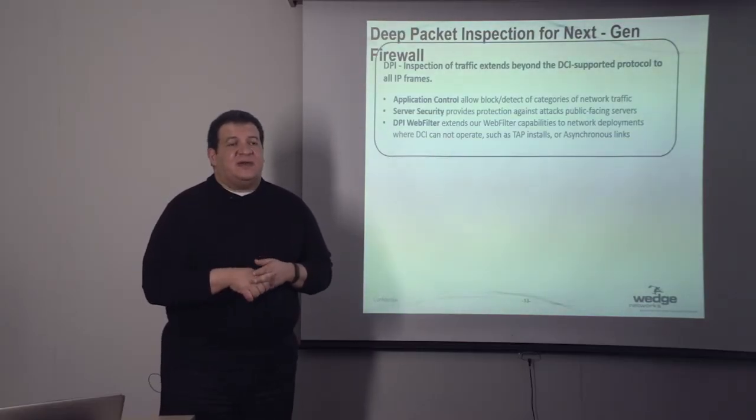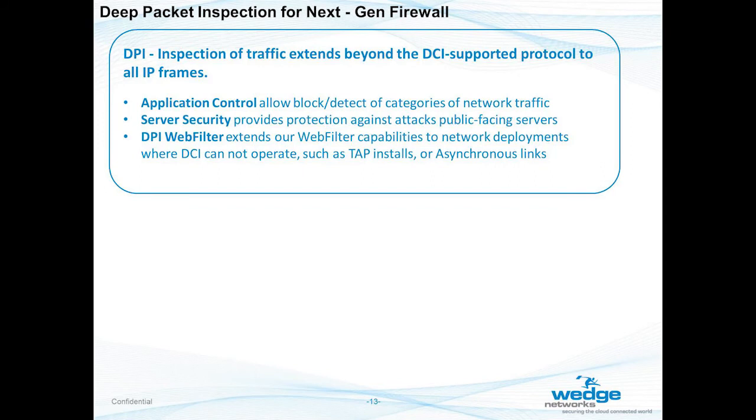We also have the deep packet inspection engine that enables a lot of the next generation firewalling. So inside of WedgeOS pre-built, we have application control, which allows you to select and block different types of applications.